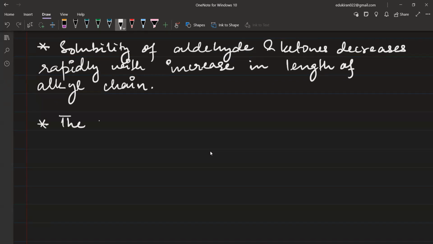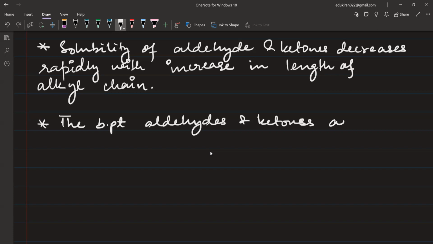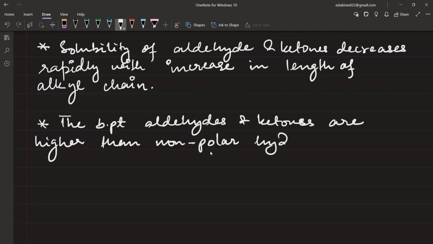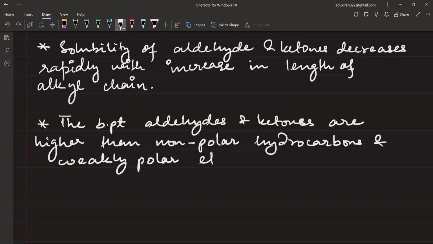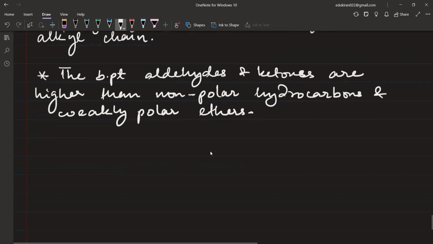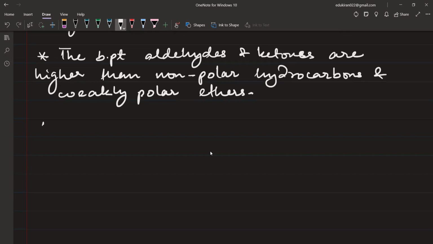Right, next. The boiling points of aldehydes and ketones are higher than non-polar hydrocarbons and weakly polar ethers. Next.